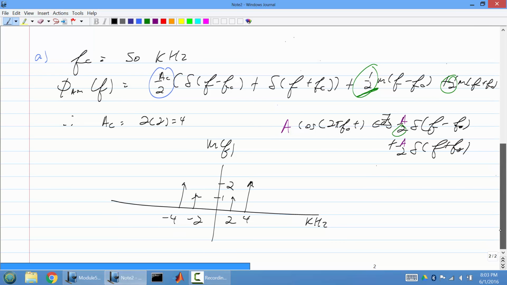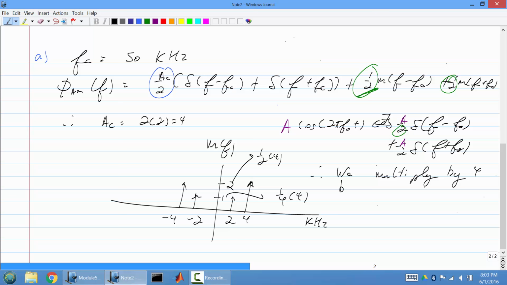So let me just write that down. Therefore, we multiply by 4, because of scaling by half twice.